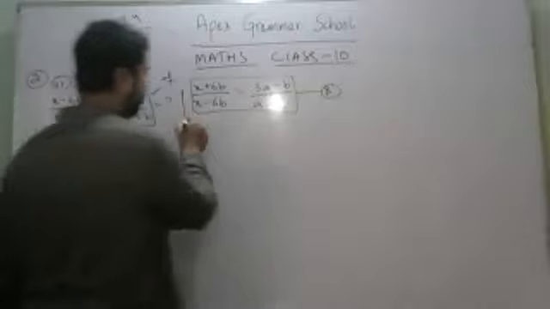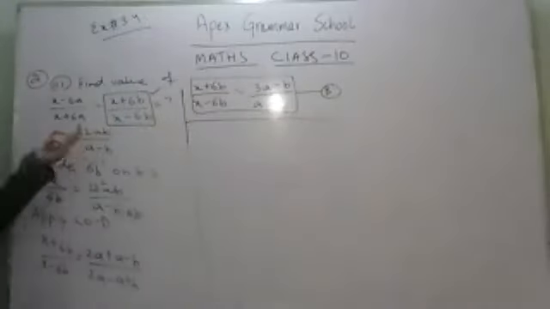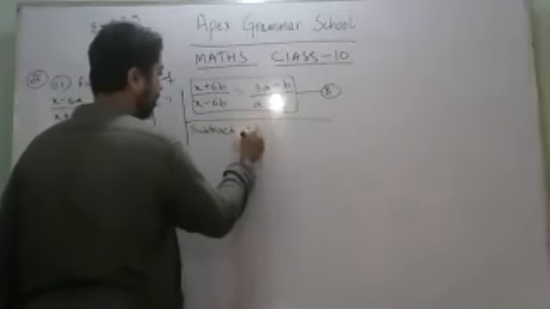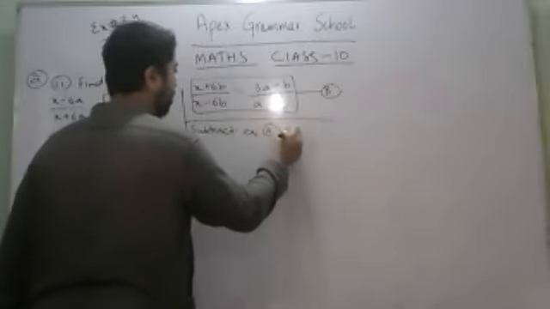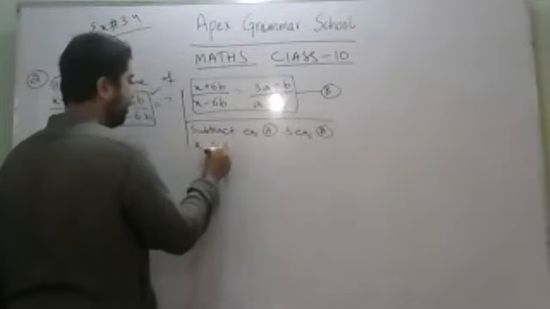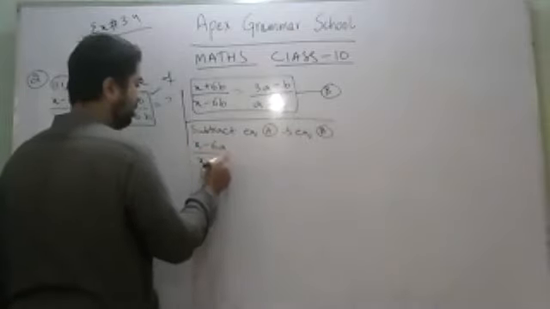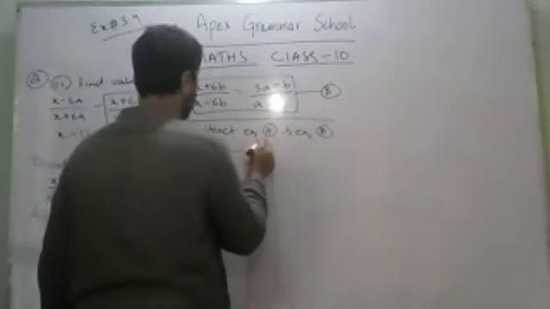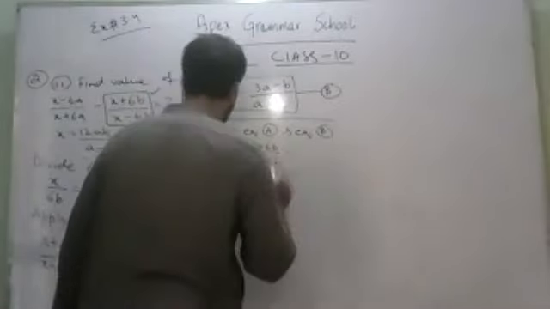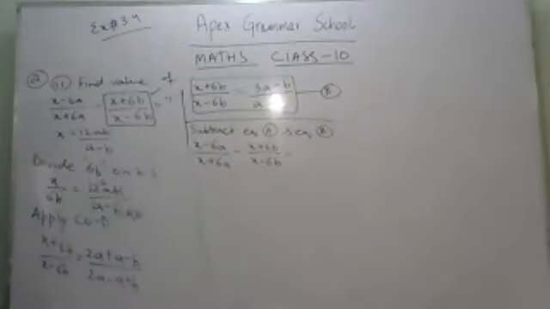Now we can easily subtract them. This time, we need to make a subtraction between them: subtract equation number A and equation number B. That is (x minus 6a) over (x plus 6a) minus (x plus 6b) over (x minus 6b) is equal to, we have removed the value of x minus 6 over x plus 6.